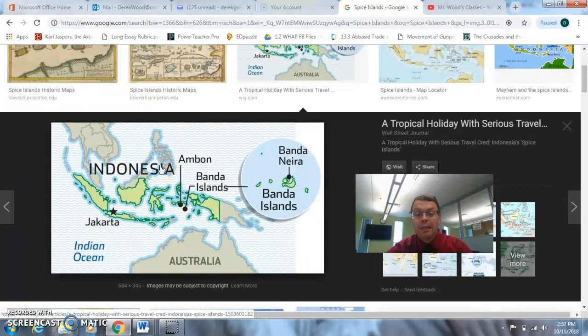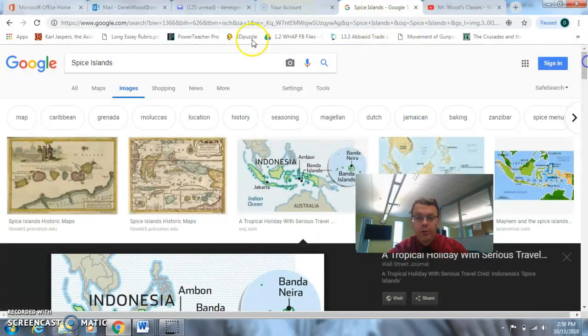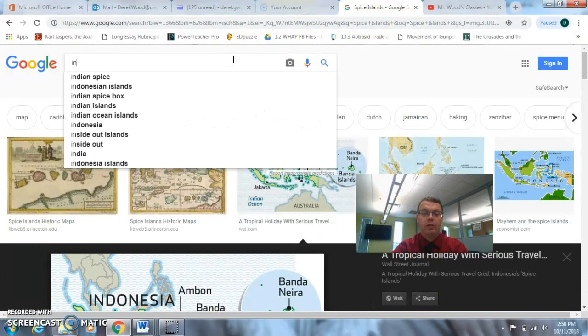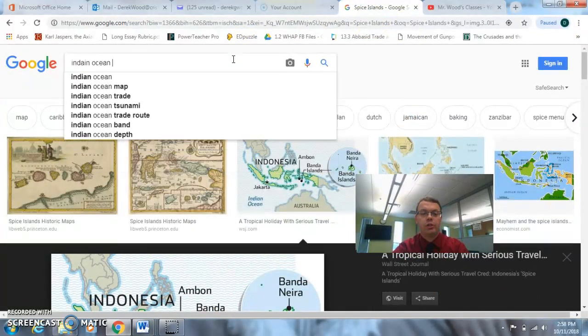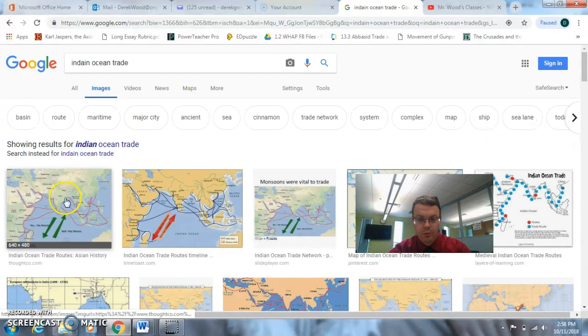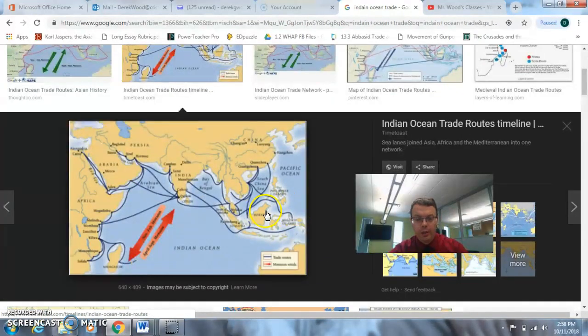This is where there were a lot of spices found, like nutmeg, cinnamon, and such, that were traded for in the larger, you guessed it, Indian Ocean trade. So here are our Spice Islands right here, which were a very valuable part of the Indian Ocean trade for places like China, India, and even all the way to Africa. Indian Ocean trade. It's a big deal.